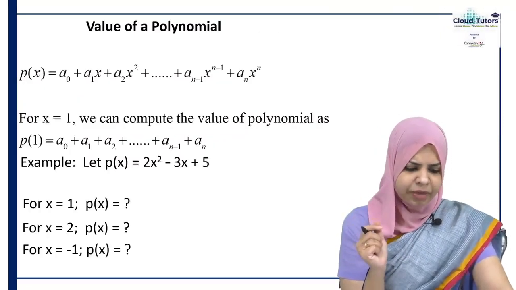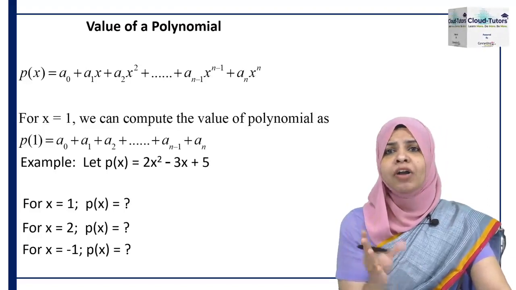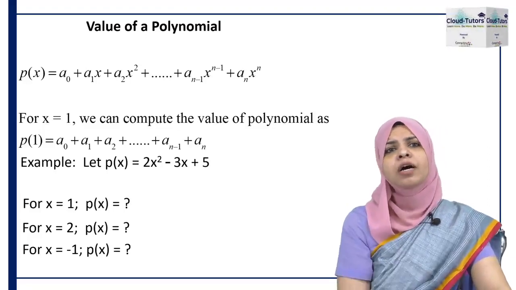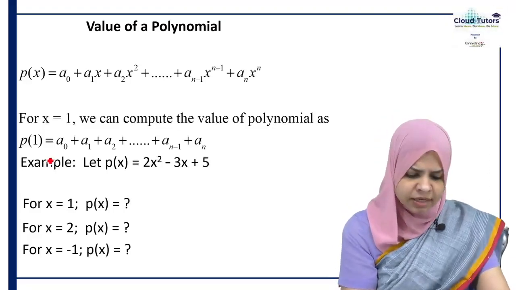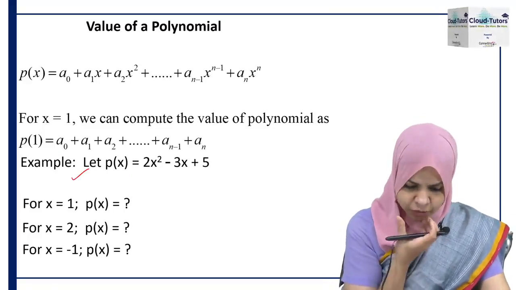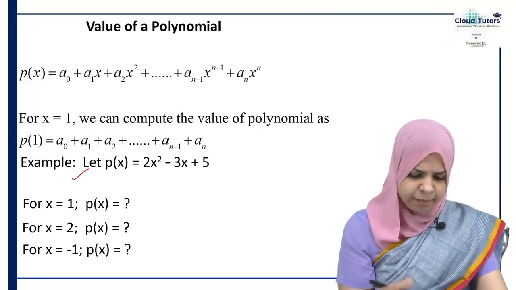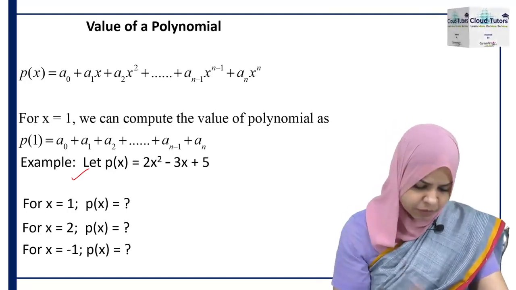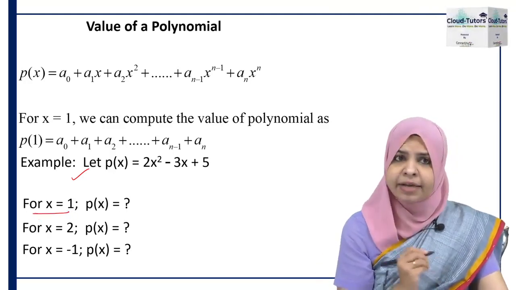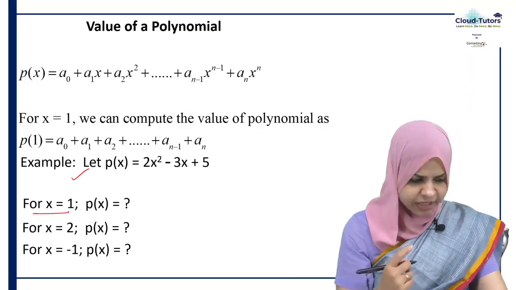Yes. Now this is the generic expression of a polynomial in one variable. Now let's see how we find the value of a polynomial. This is an example that is given to us: 2x square minus 3x plus 5. For x equal to 1, let's find the value of p of x.